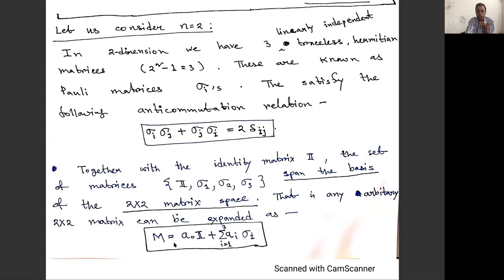If the coefficients a0 and a i are real, then M will be Hermitian, right? This is the expansion for any arbitrary matrix. But if I say that M is a traceless Hermitian matrix, then how does the right hand side look?